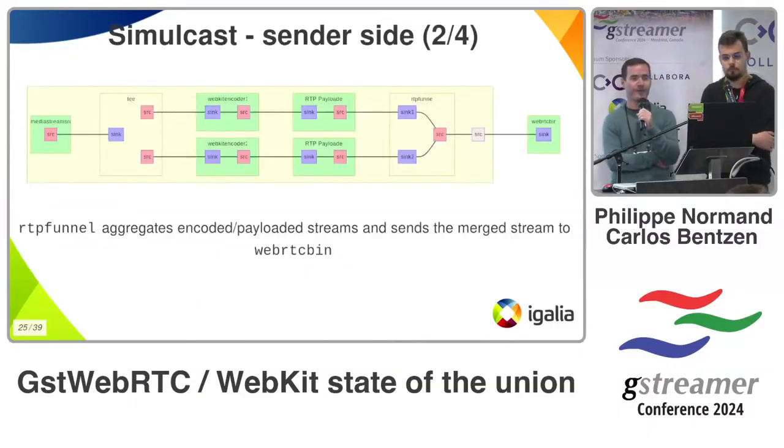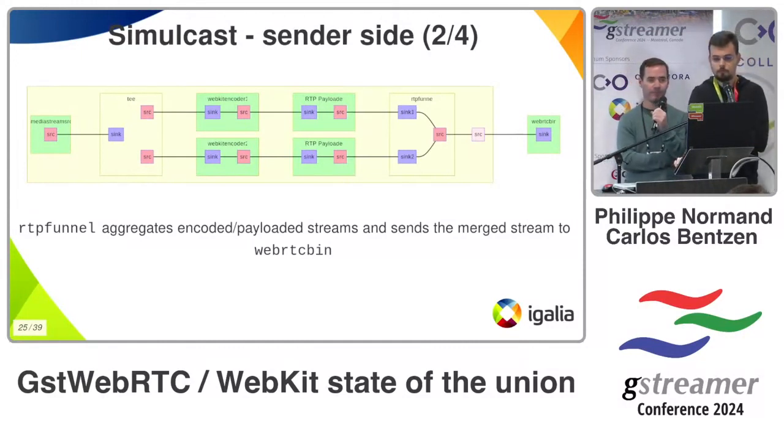On the sender side, we split the video stream and encode it multiple times, until we could use more advanced things like SVC, for instance. So we encode multiple times, we payload multiple times, and then we feed each RTP stream to a funnel, and that goes to webrtcbin.